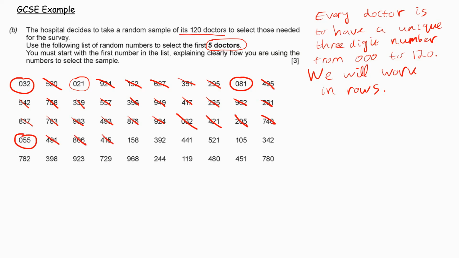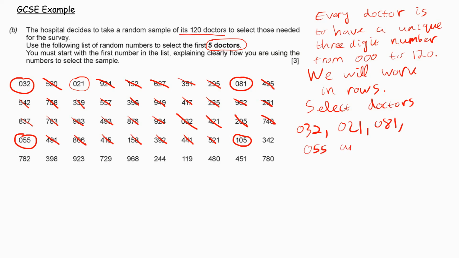And there's only one more that we need. And 105 is within the range, and we haven't yet seen it, so that's fine. So we're going to select doctors 032, so the 32nd doctor, the 21st, the 81st, the 55th, and the 105th.